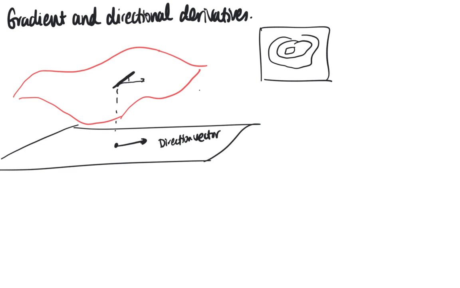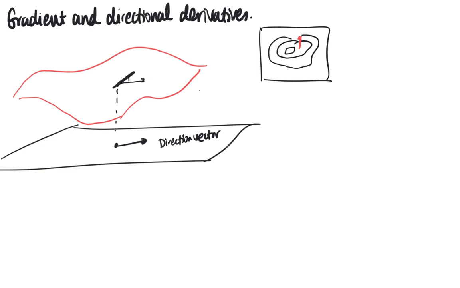Maybe you're going hiking, and you're looking at a map that has these elevation changes on it. And you might say, okay, if I go due north, what is going to be my change in elevation? And so that's what we're talking about.